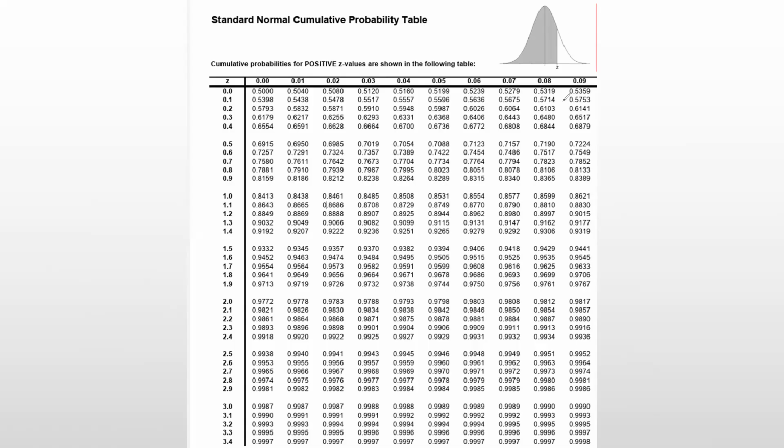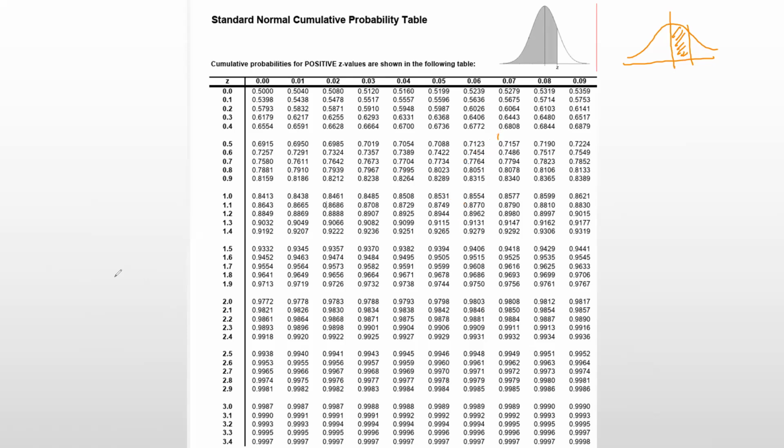Anyway, when you see a table, you need to look at the graph. It shows what it means. Some textbooks have a table which only shows this part, and the numbers here will be less than half.